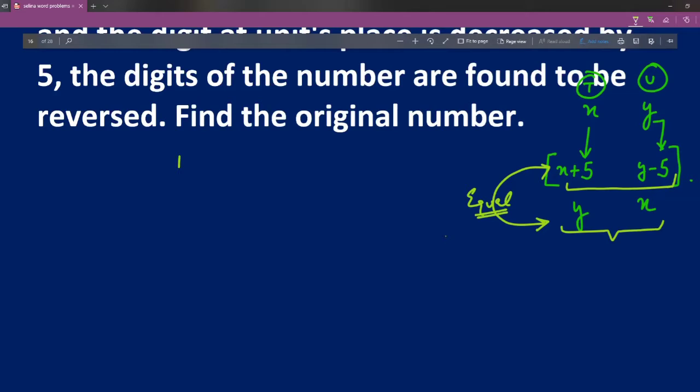So this means that 10 times x plus 5, because it is the digit at the tens place, plus y minus 5 should be equal to 10 times y plus x. I'm again requesting you to just keep watching this.